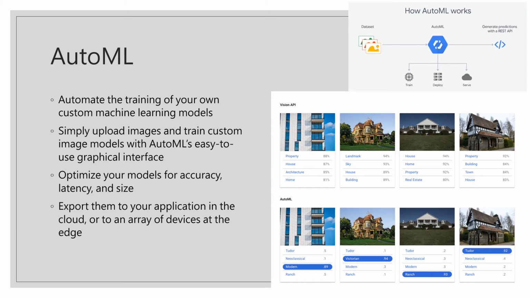So Vision API provides you the automatic labeling. There are some pre-trained machine learning models for computer vision, and they can provide all the well-known labeling for your image. But most likely you want to have your own labeling.